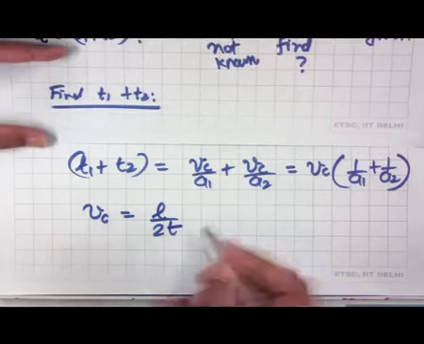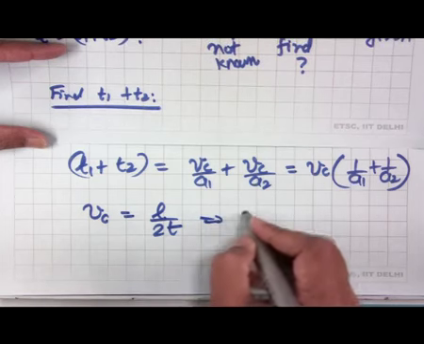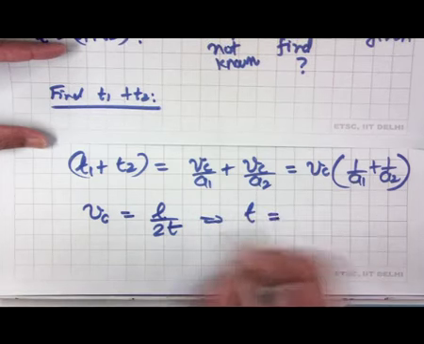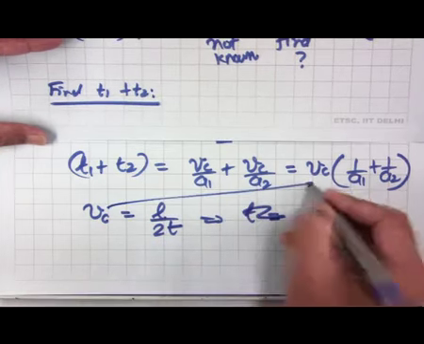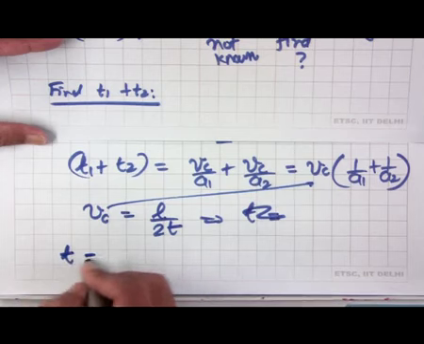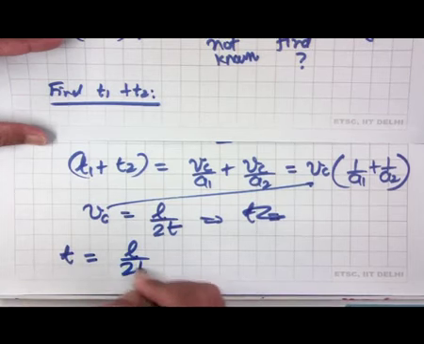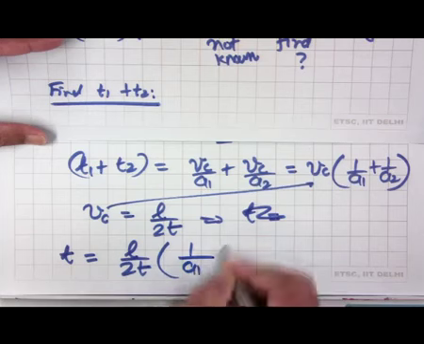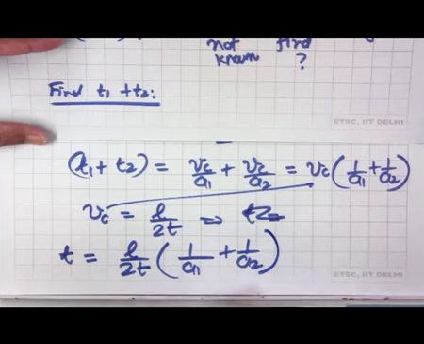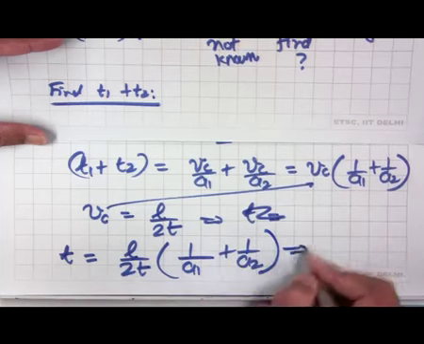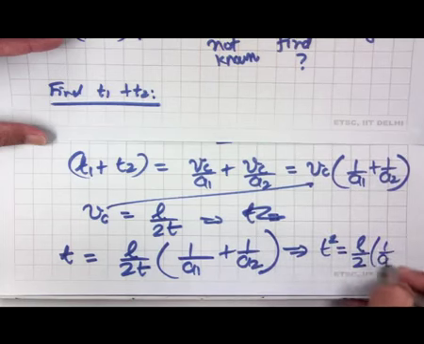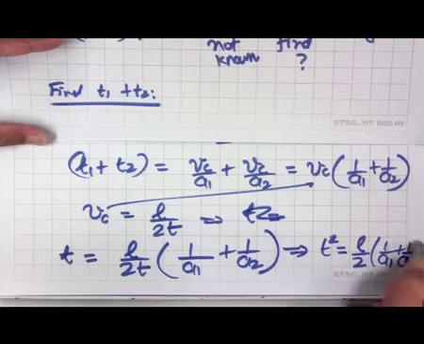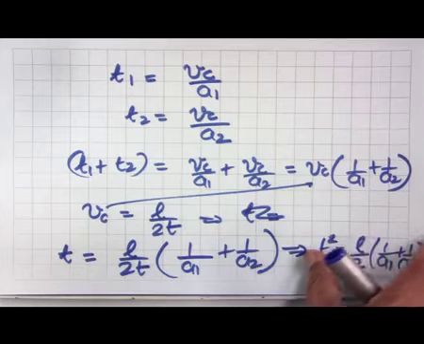So, we substitute the value of Vc in here. We will get t is equal to L upon 2t times 1 over a1 plus 1 over a2, and now we can take t on the other side. This implies t square is equal to L upon 2 into 1 over a1 plus 1 over a2, and this is the answer which we had got earlier also.